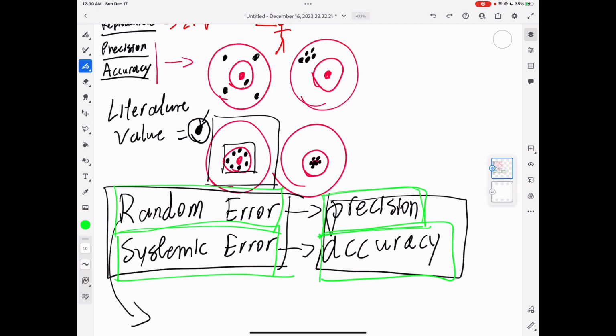So, looking back at these diagrams, random error would be this diagram, as there is high accuracy, however, low precision. And systemic error, oh my, that's the wrong one. Systemic error would be this one. There's high precision. There could be low, but usually it's like this.